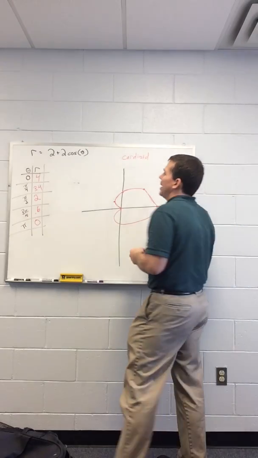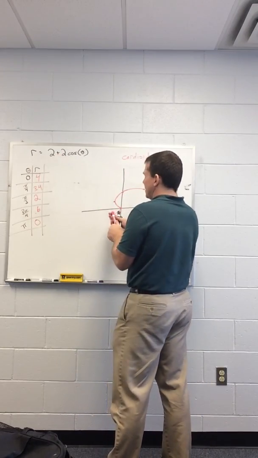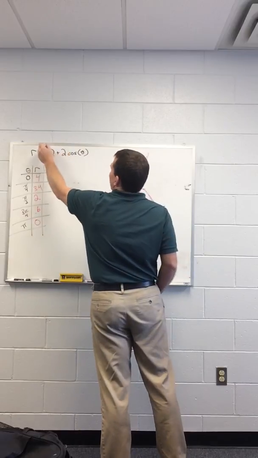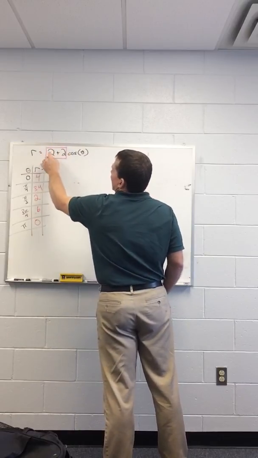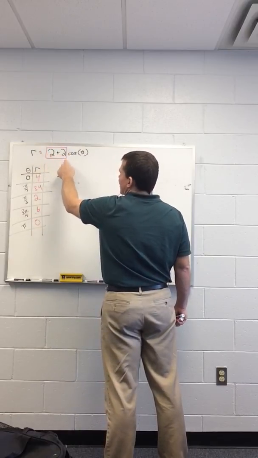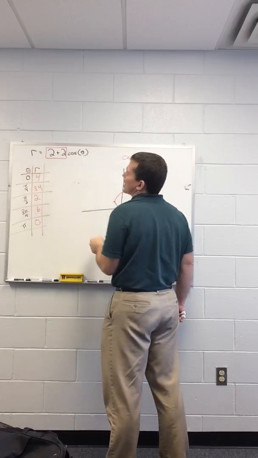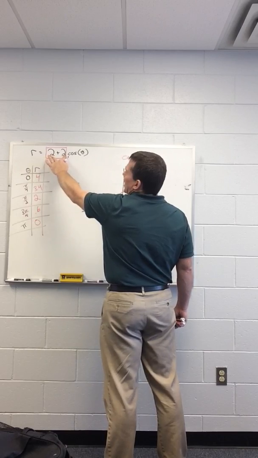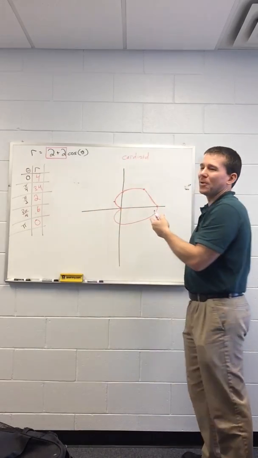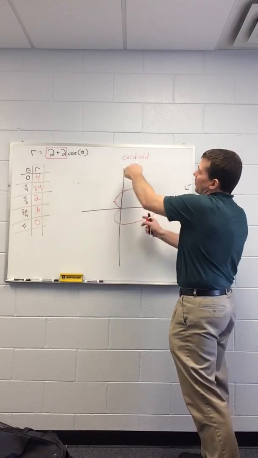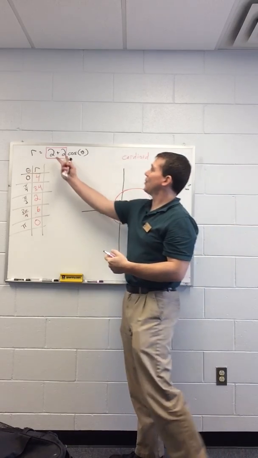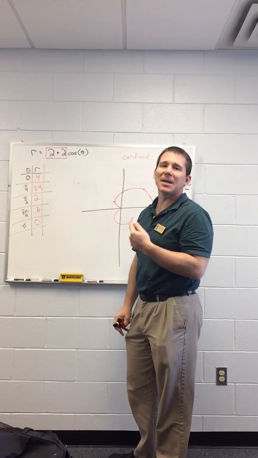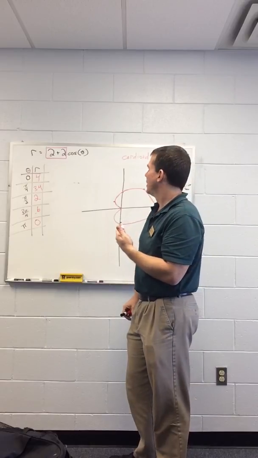But essentially, there are a lot of variations of this equation where you have a constant plus or minus a constant and then times sine or cosine theta. When these two are equal, you'll end up getting a cardioid like this. You can move them around, make them go vertical, but essentially if those two values are equal, in some way you'll get a cardioid.